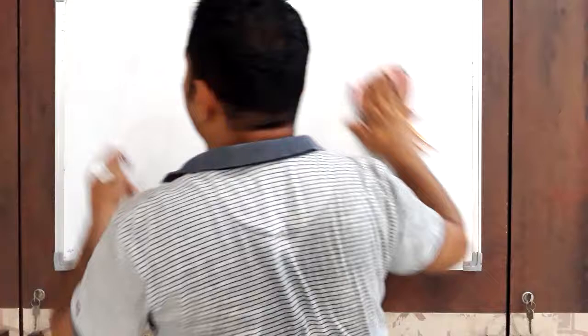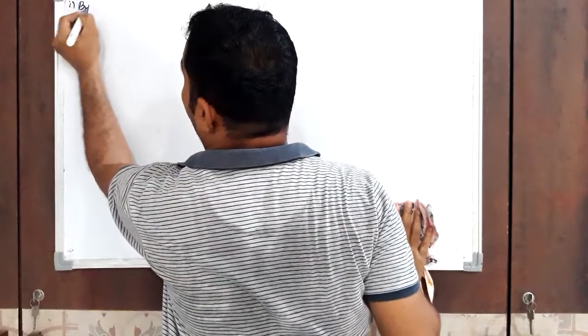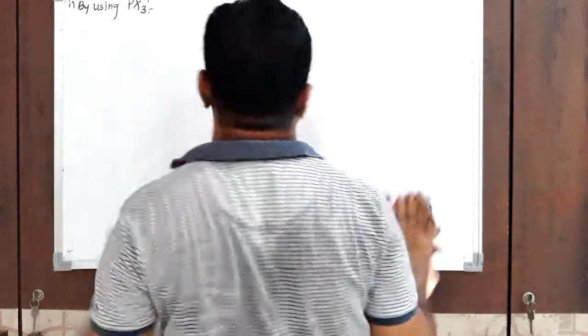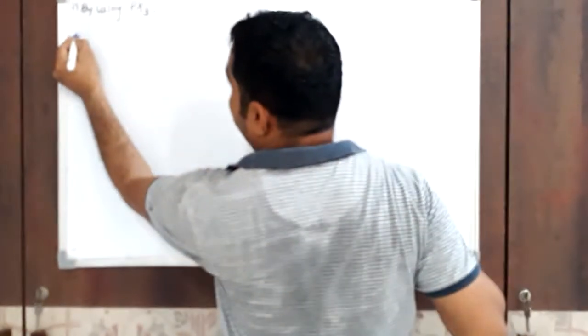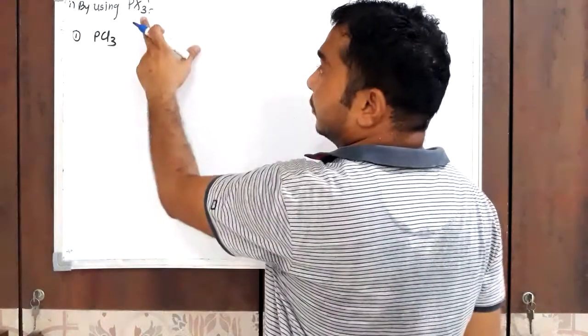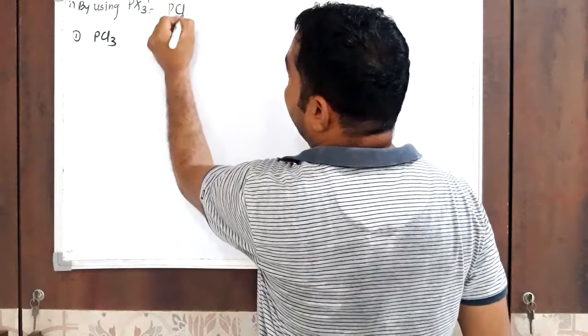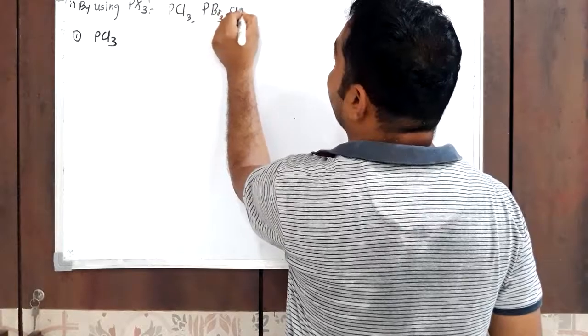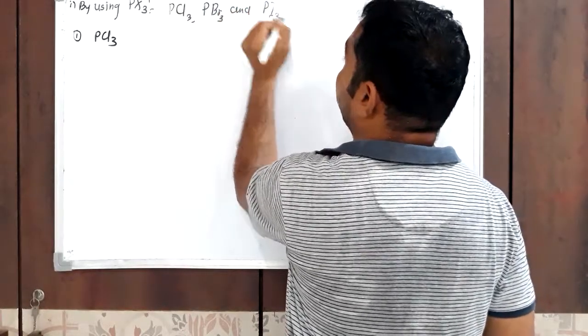First, by using PX3. PX3 means phosphorus trichloride, phosphorus tribromide and phosphorus triiodide.